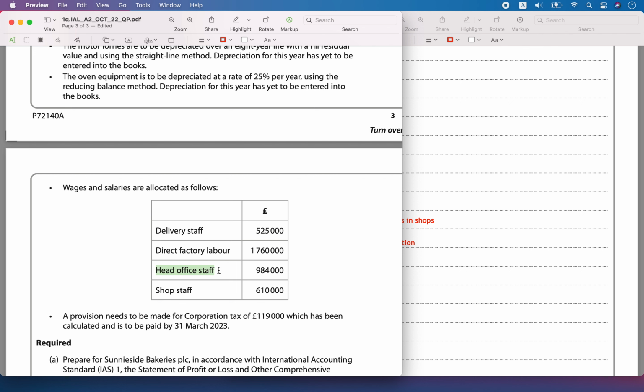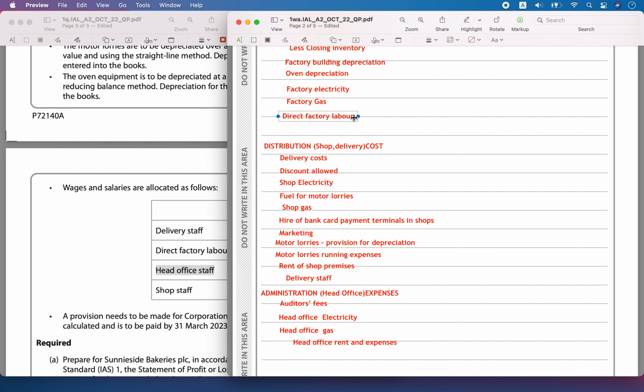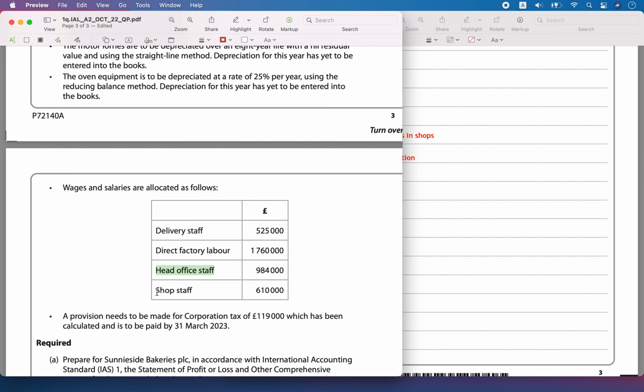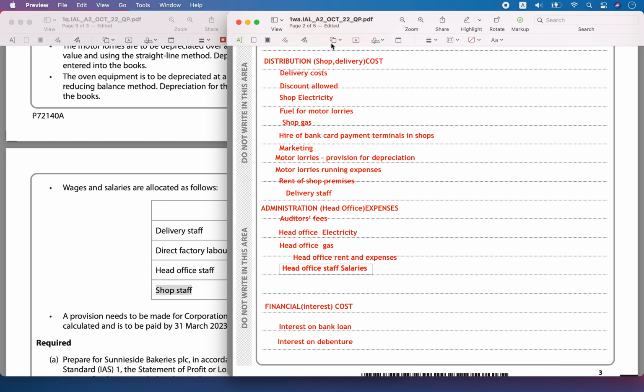Then you have head office staff wages, head office salary, so that's going to come under the administration. Then shop staff salaries is also going to come under the distribution cost.